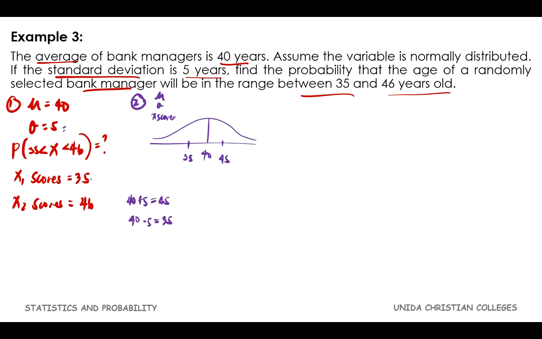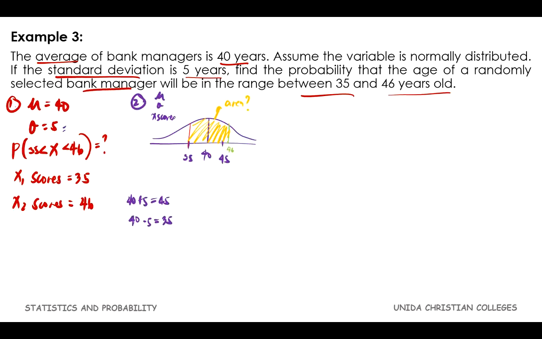Okay, our x sub 1 is 35. So, here. Our x sub 2 is 46. So, alam natin yan, dito lang yung banda, 46. Okay? So, ang kinukuha natin na area is between them. So, ito. Okay? Ayan yung area na hinahanap natin.